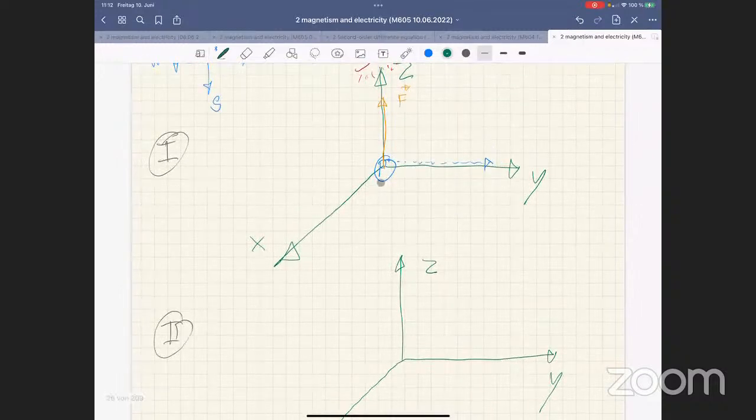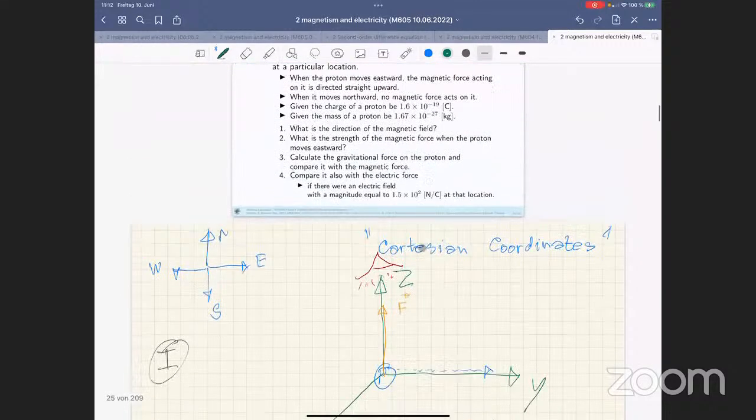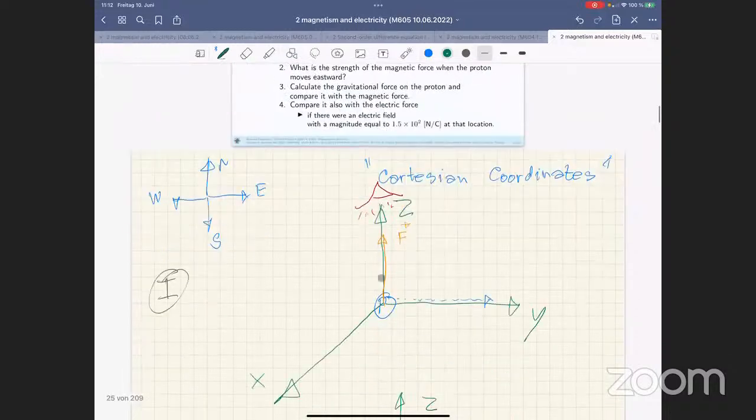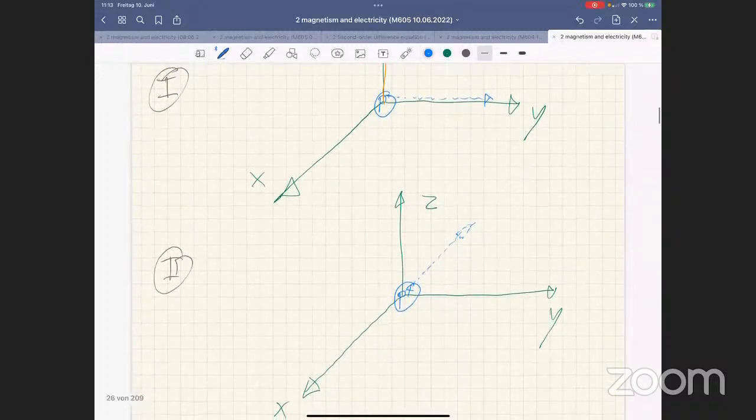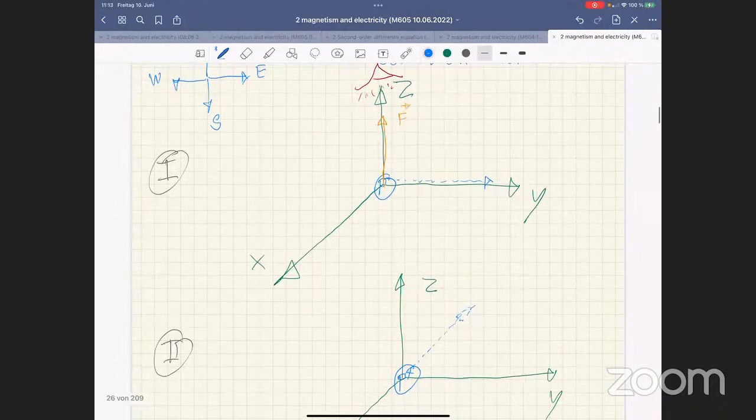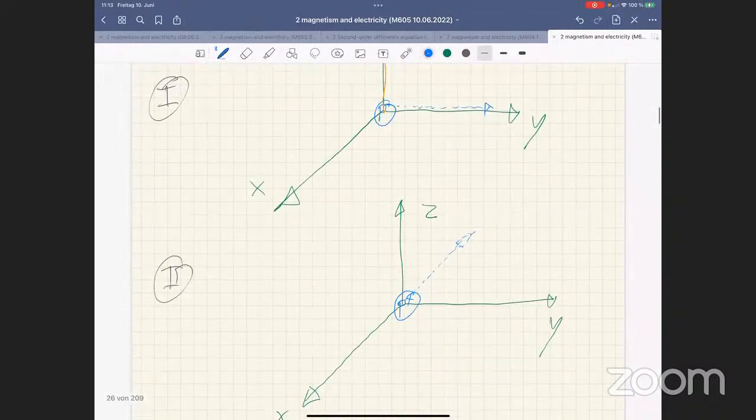Someone changed the proton to move northward. Northward means go up, as we look down onto this plane. The proton should go in this way, to the north, right? Let's say north is this one. Negative x means the north.